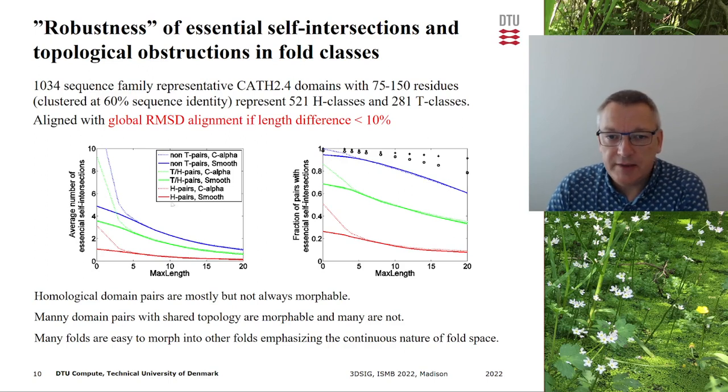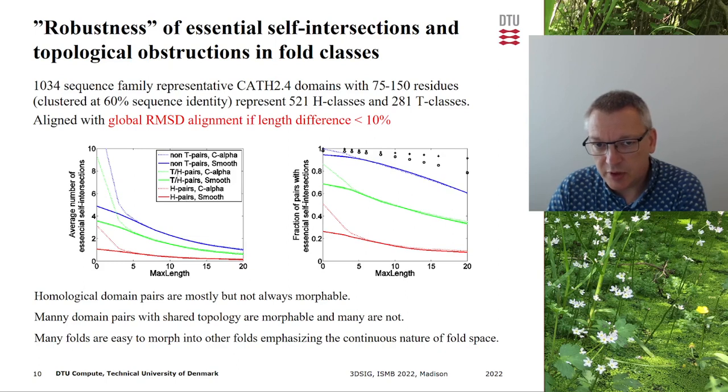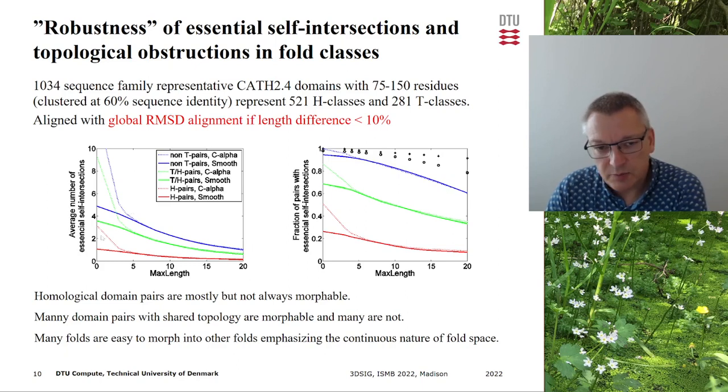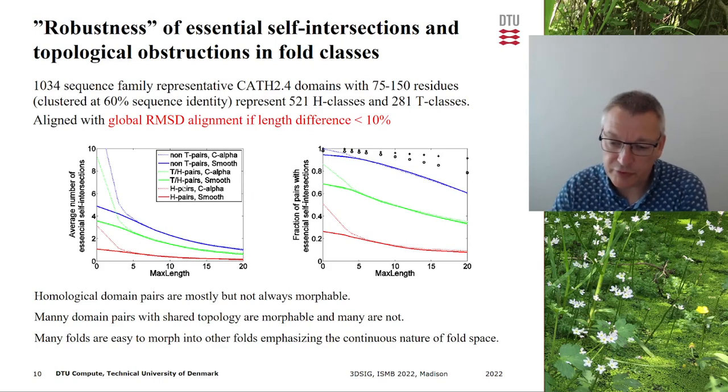Now subdivide into alignments inside homology classes, inside topology classes but not sharing homology, and between topology classes. You see, if we use the alpha carbon atoms as the curve representing the structure, you generally get about 3 times as many self-intersections in the morph as if you use a smoothing algorithm first.